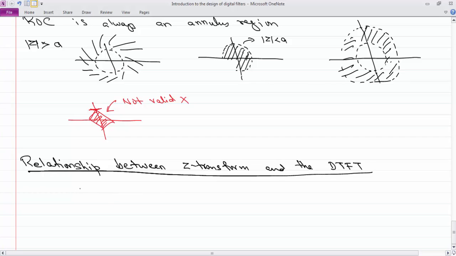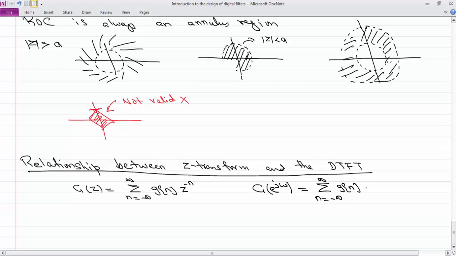Remember again that G of z is the sum over n from minus infinity to infinity of g of n z to the minus n, where z is a complex number. Now let's talk about the Fourier transform of the sequence. The definition of that is the sum over n from minus infinity to infinity of g of n e to the minus j omega n.